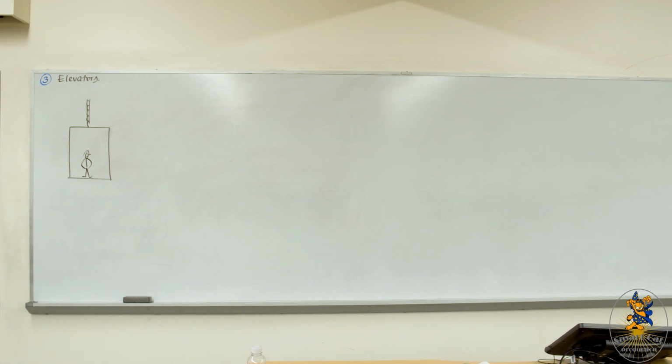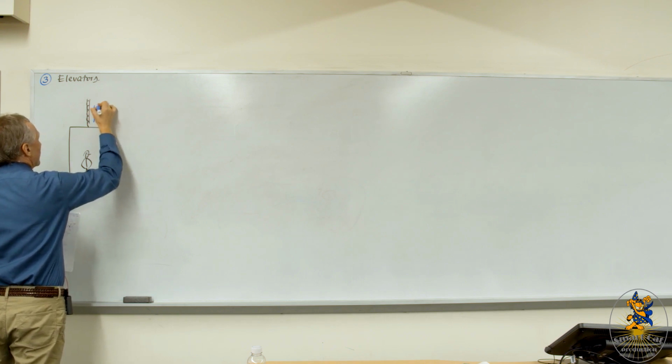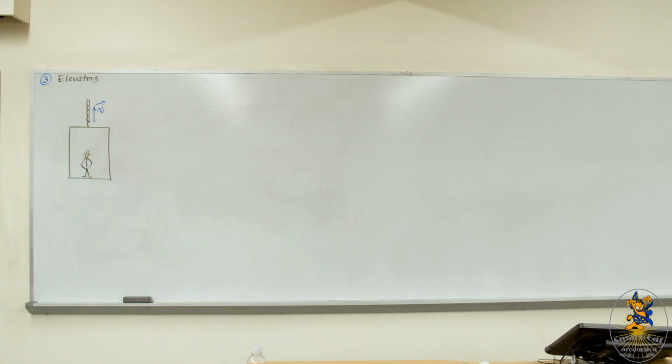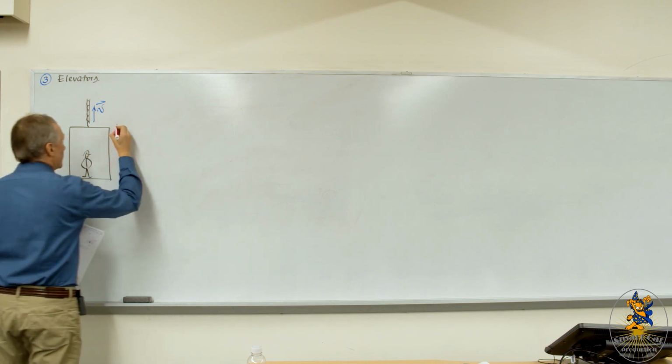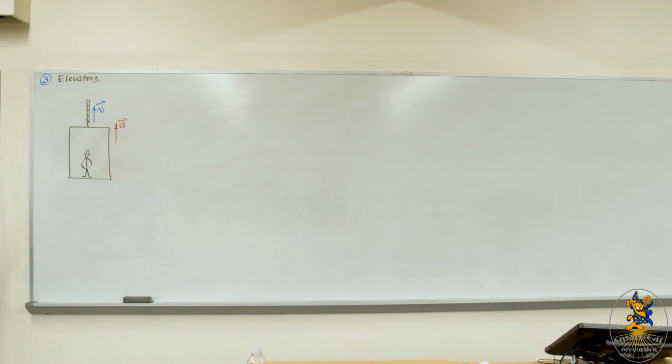And let's assume it moves up with velocity. And let's assume that acceleration is also upward. It's accelerating up. And so again, we need to answer the question, what does this person feel? Heavier, lighter, or just a normal weight?